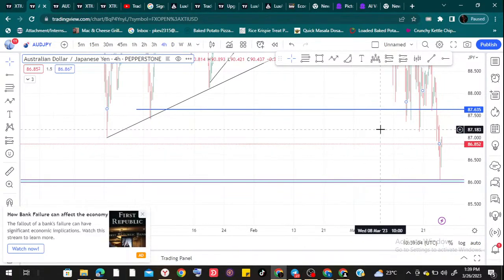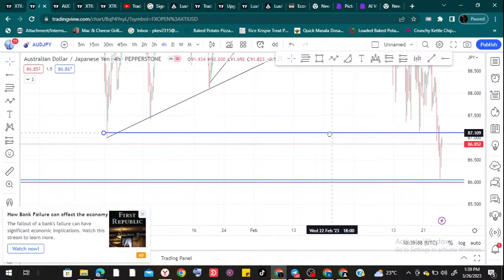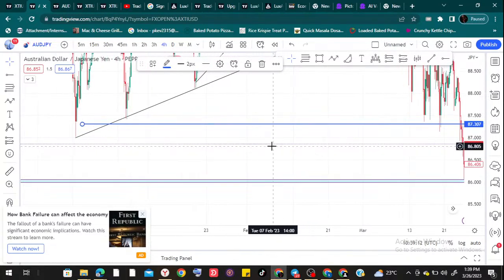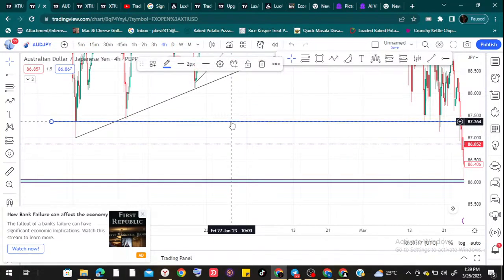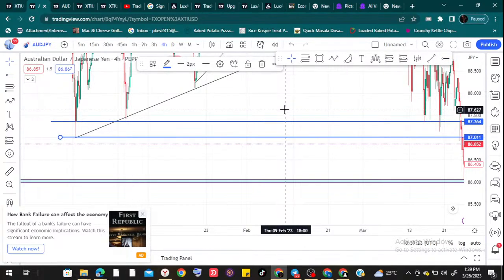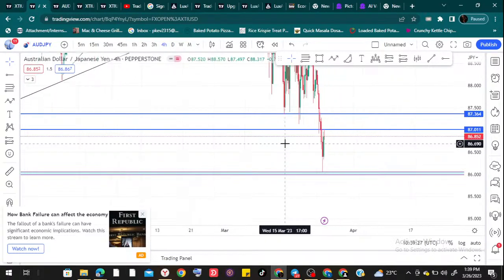Literally even drew it at the wrong level. Yeah, so this is the lowest point that we've had. Just want to get the body first. This was the lowest level that the market came to. The market came to this level over here, right?